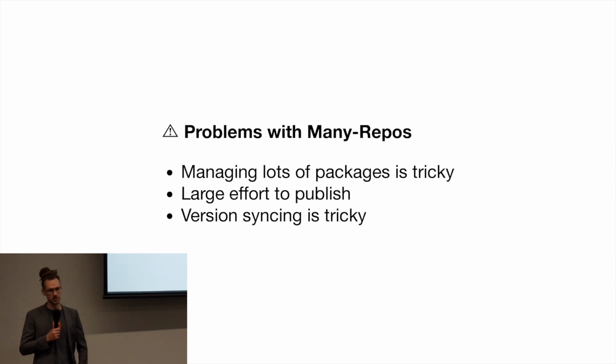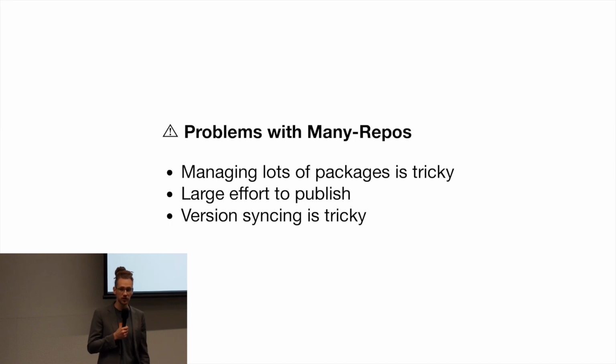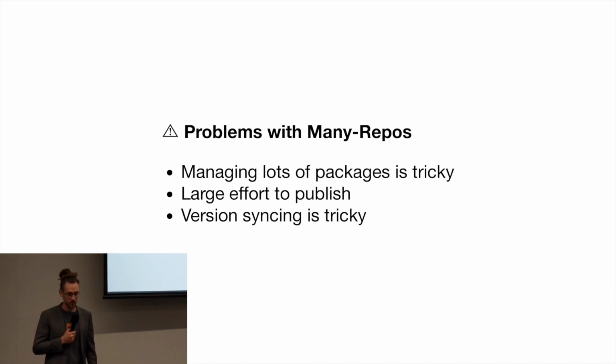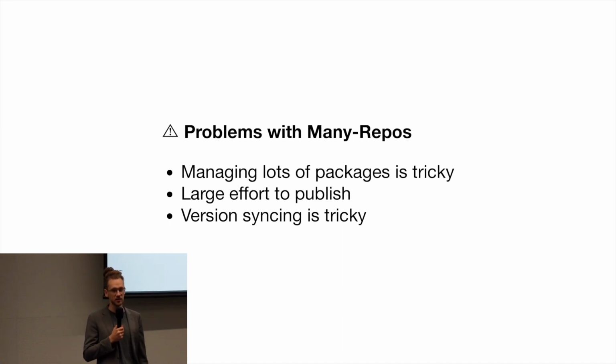When you have a project or a website made up of lots of different packages, for example a component library, or a few popular CLI tools that are made up from a series of different packages, then it gets tricky to maintain all those packages independently. Publishing becomes a very large effort. You have to publish package A, and then package B, which depends on package A, needs to be published separately second. You'd update the changelog separately, do a new release, all of those kinds of things. It's annoying, to say the least.